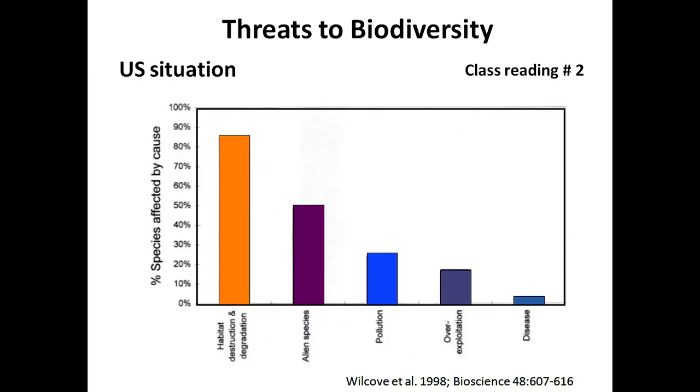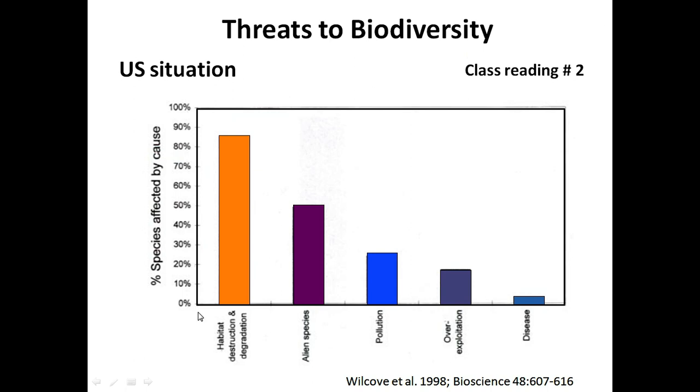Okay, so let's start with the US situation. This paper by Wilcove and colleagues analyzed the threats to imperiled species in the United States. These are all species listed under the Endangered Species Act. You will be reading a paper on this issue, the very same paper, for the class, but let me summarize.